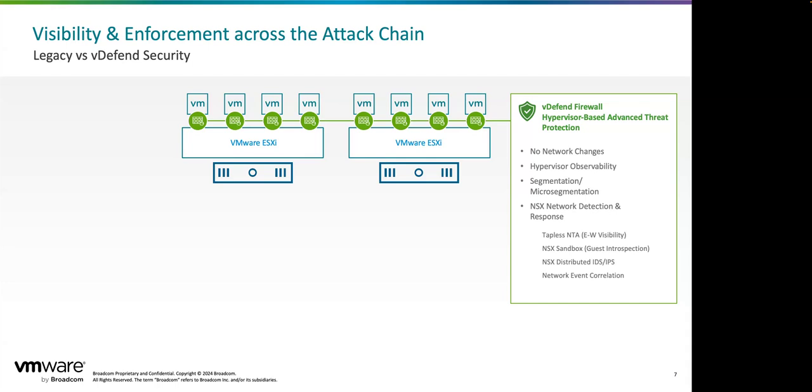We have hypervisor observability, the ability to create firewall policy to do segmentation all the way into microsegmentation, and then adding network detection and response, tapless network traffic analysis for east-west visibility, a sandbox, and distributed IDS IPS, as well as network event correlation.